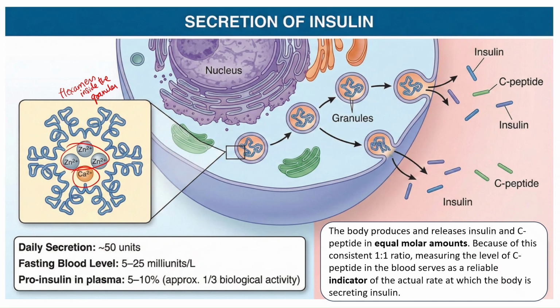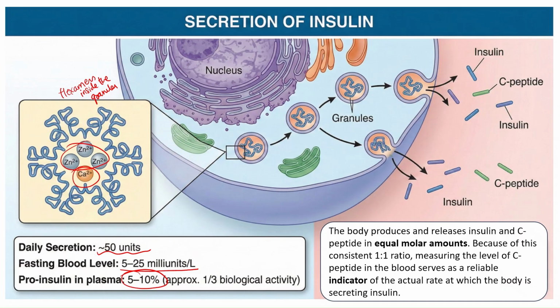Daily secretion is approximately 50 units of insulin secreted by the pancreas every day. Then the fasting blood level is 5 to 25 milliunits per liter. The proinsulin makes up about 5 to 10% of the total insulin detected in the plasma. These are the 3 points that you have to remember.